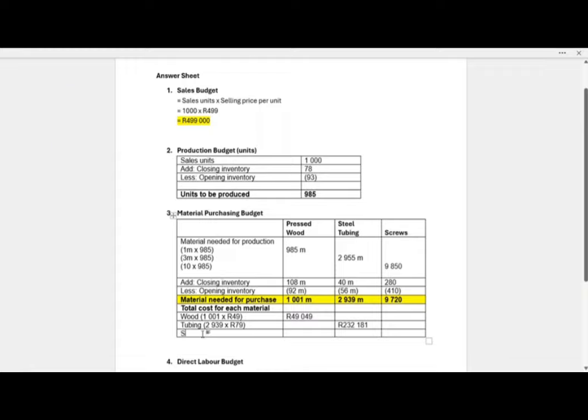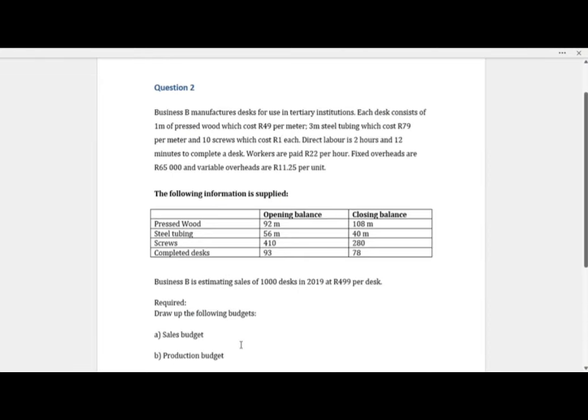All right, and then for screws, I'm going to calculate for that. It's going to be the total number of screws, which is 9720, multiplied by the selling price per screw, right? Let's check in the information provided.